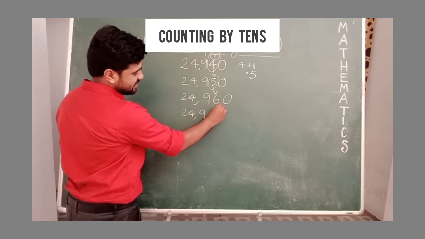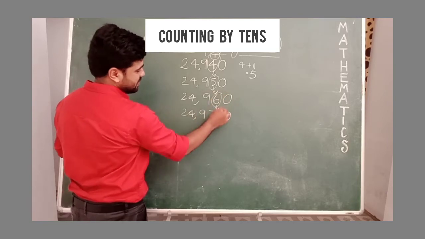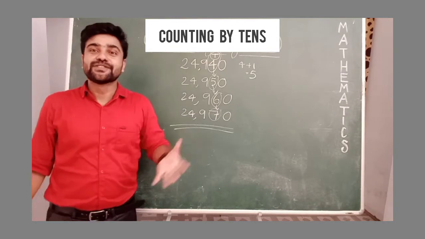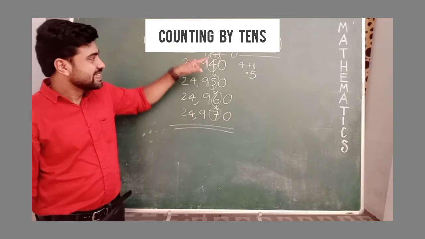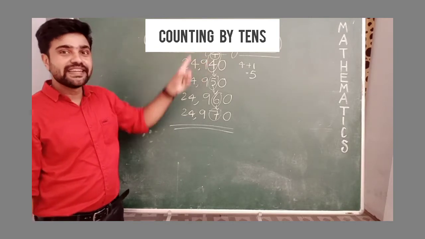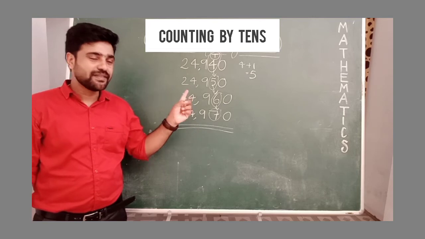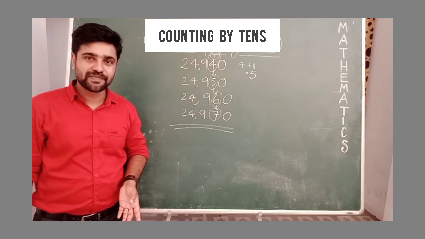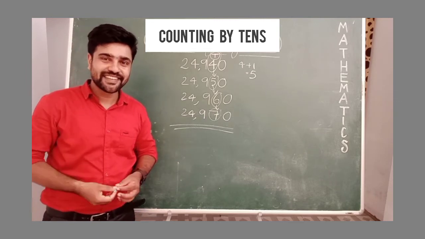After 6, it is 7. If the question is counting by tens, write the next numbers. Just find out the number in tens place and add 1 to that number. Then you will get the remaining numbers. Is it an easy way? Have you understood?